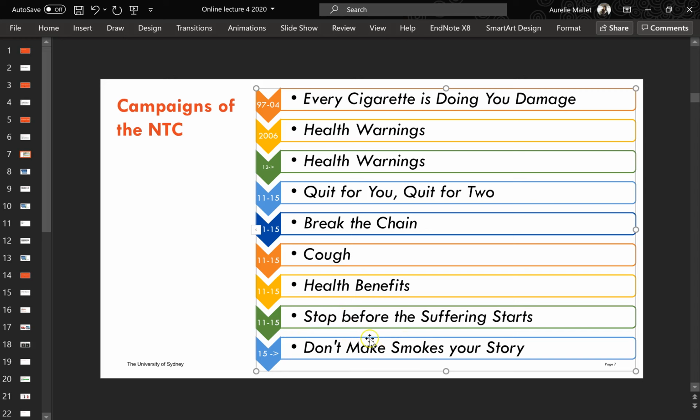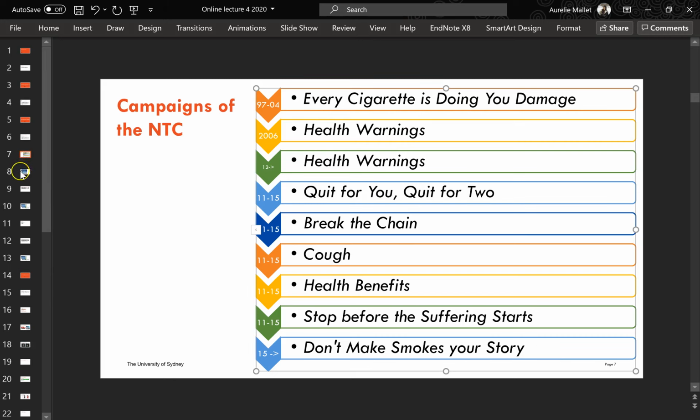And we've got the last one, the Don't Make Smoke Your Story campaign. This is an ongoing campaign. This is again aimed mostly at Indigenous and Torres Strait Islanders, and features a man called Ted, and Ted tells us his story of how he's quit for his family.